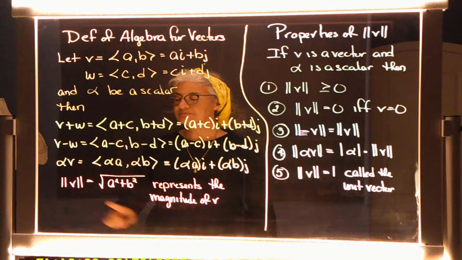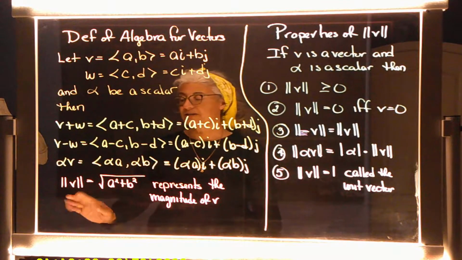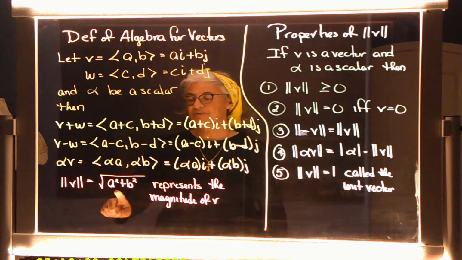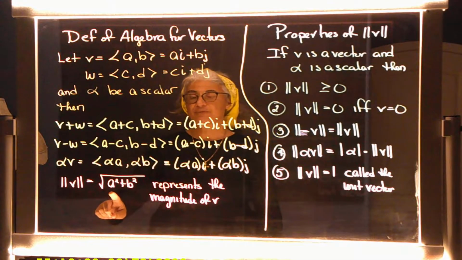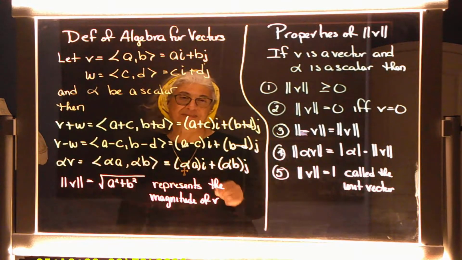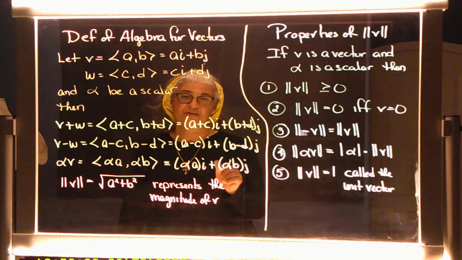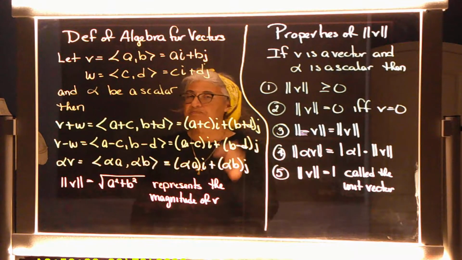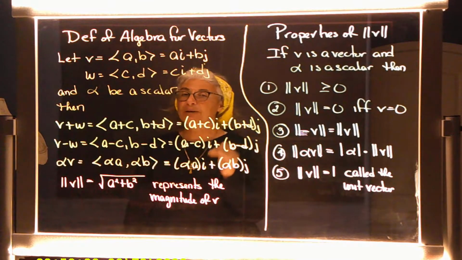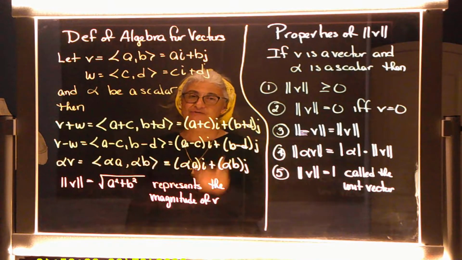Got it? Now this last one, these double lines on either side of v represent this formula, the square root of a squared plus b squared. And this formula represents the magnitude of vector v. Remember what magnitude represents? Yeah, it represents the length of vector v.